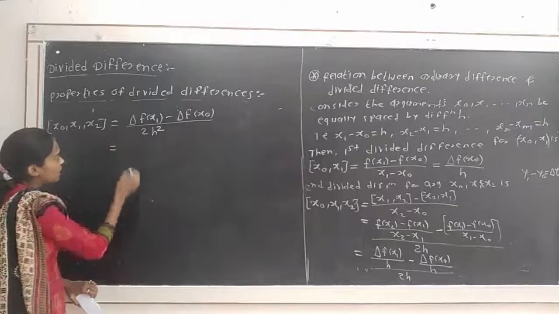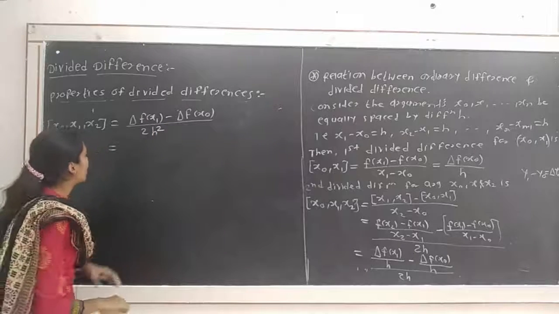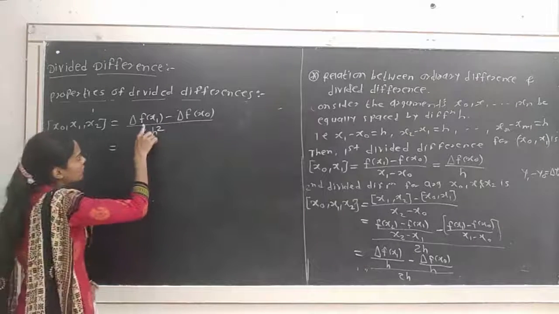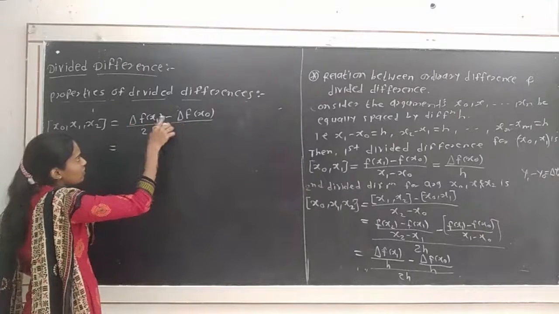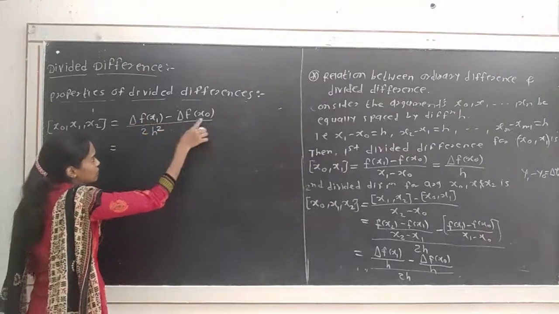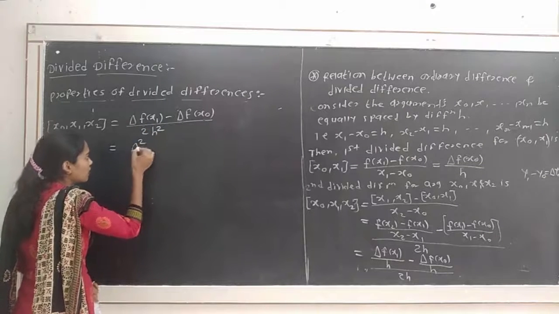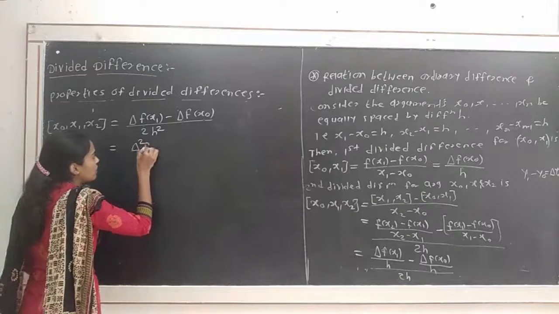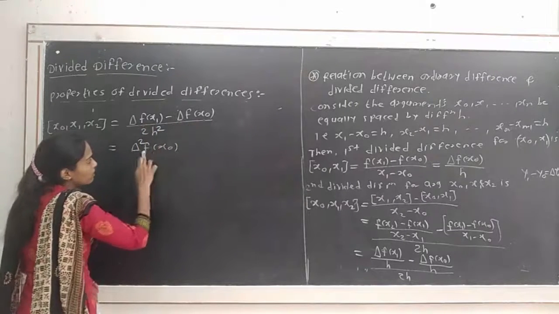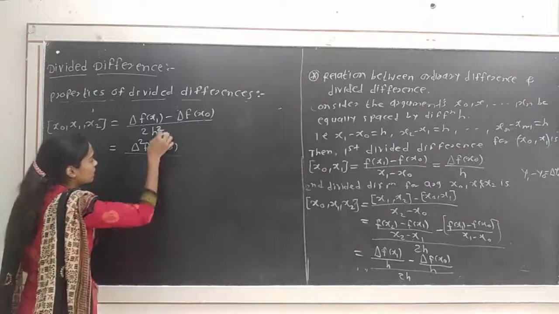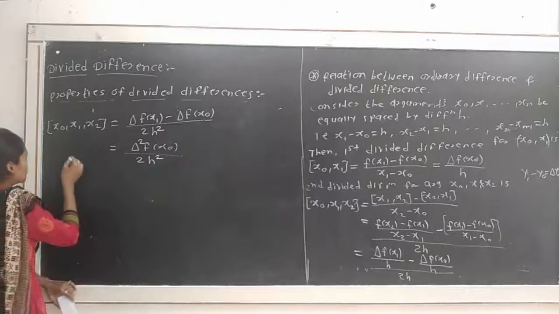And again using the definition of forward differences, the difference of the first order forward differences for f of x1 and f of x0, delta f of x1 minus delta f of x0, will be delta square f of x0, divided by 2h square.